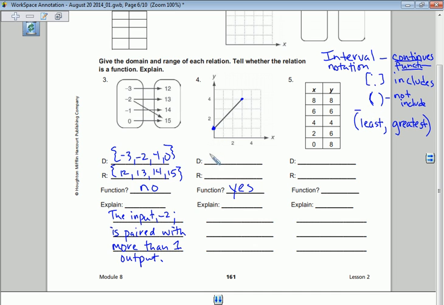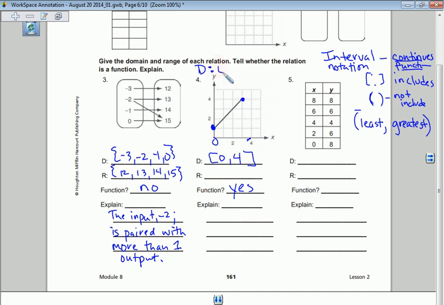Now, domain is the smallest input value to the largest input value. My x's. What is my smallest x to what is my largest x? It goes from 0 to 4. So domain, we always go from left to right.